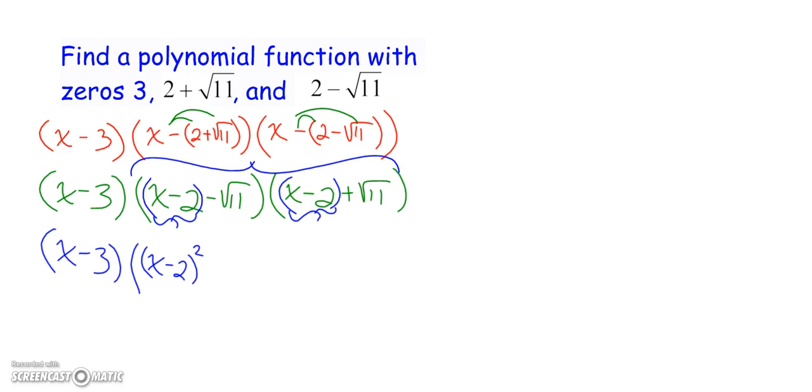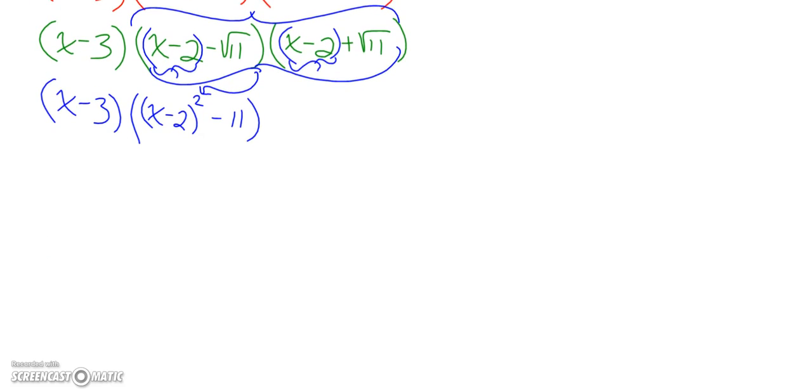And then right here, it's going to be radical 11 squared, which is just going to be minus 11. These two pieces have all simplified down to this second set of parentheses. Now it's just keep the x minus 3 along for the ride.